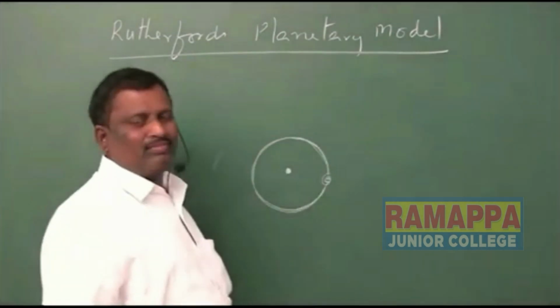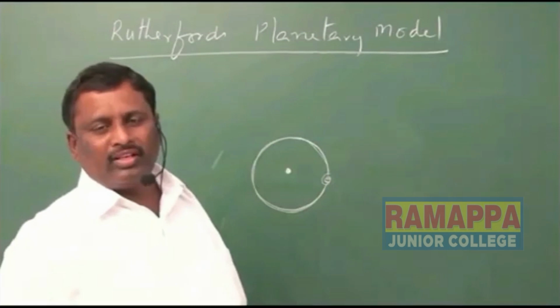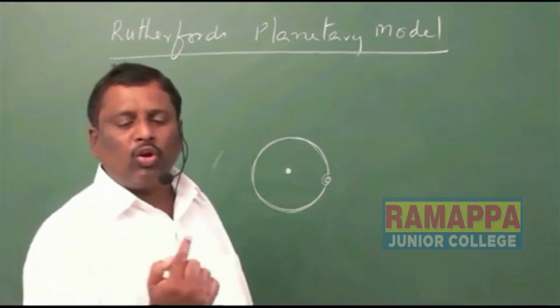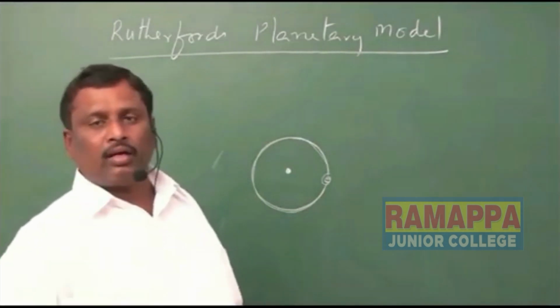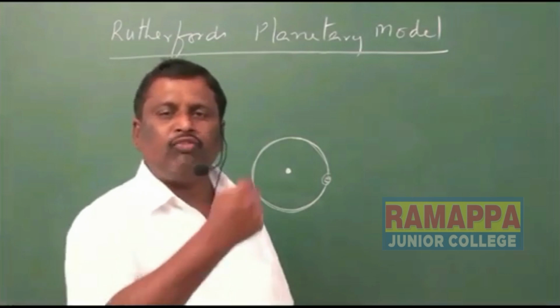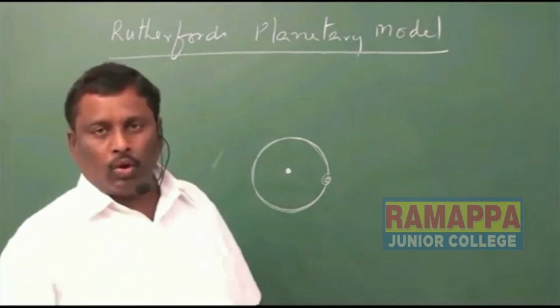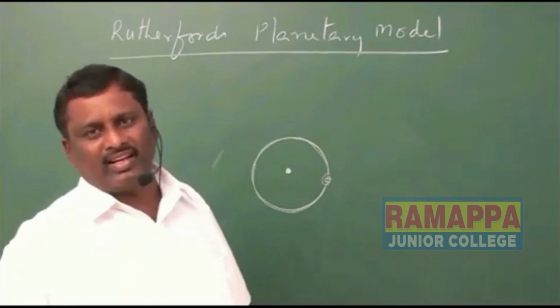What is the use of this revolution? When an object is revolving in a circular path, a certain force known as centrifugal force arises, which pushes the object away from its center.